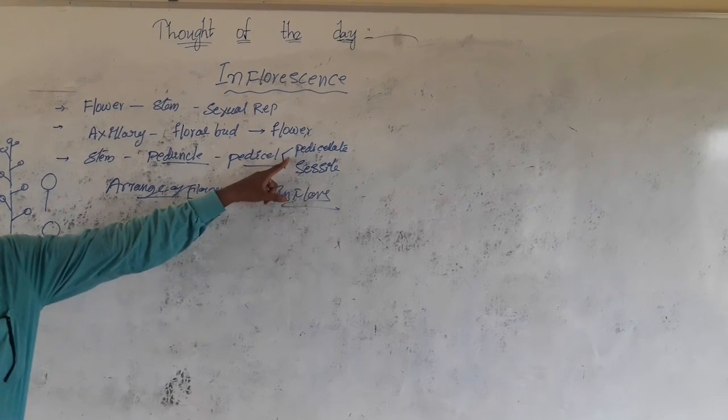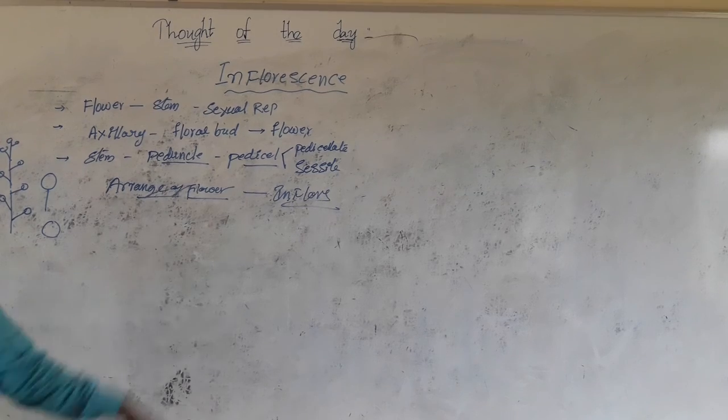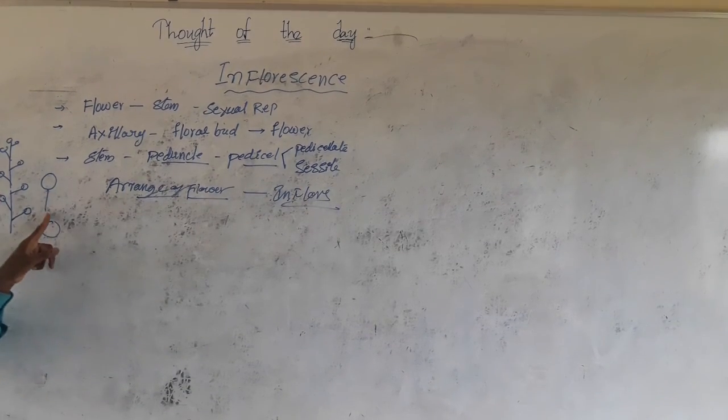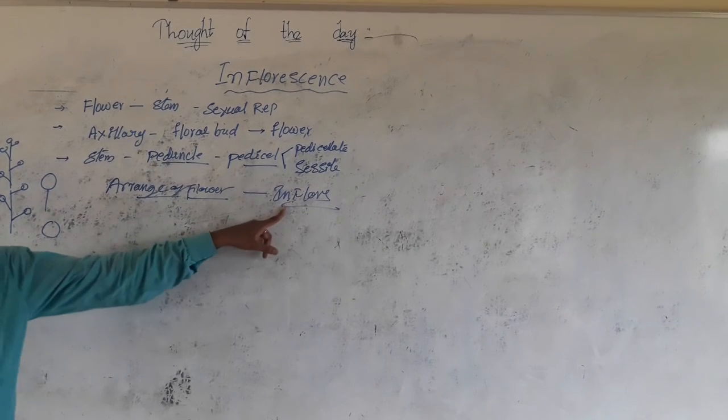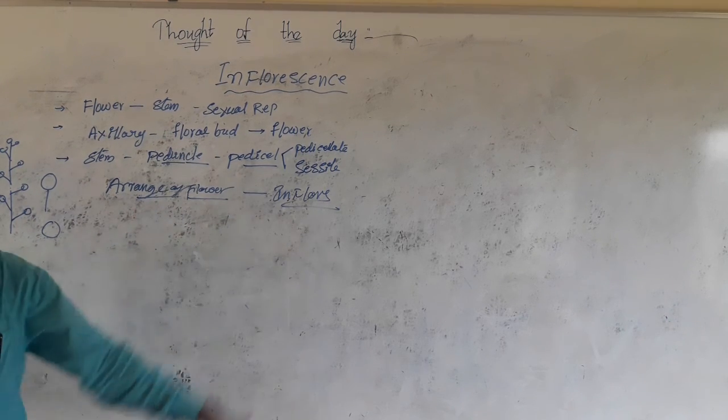What is a pedicellate flower? A flower with pedicel. What is a sessile flower? A flower without pedicel. What is inflorescence? The mode of arrangement of flowers on the peduncle is called inflorescence.